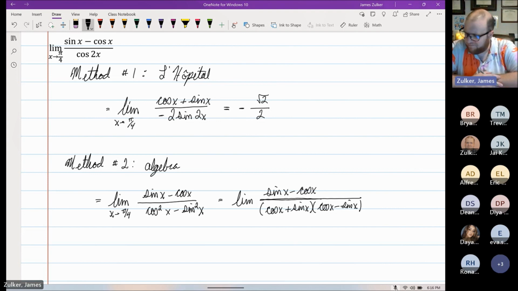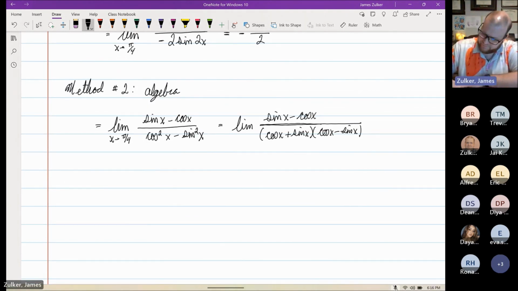That's obviously a difference of squares in the denominator, right?